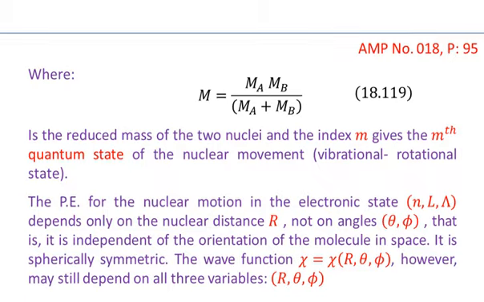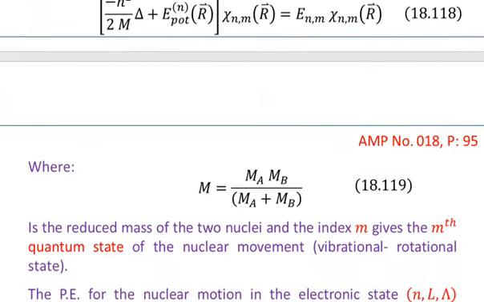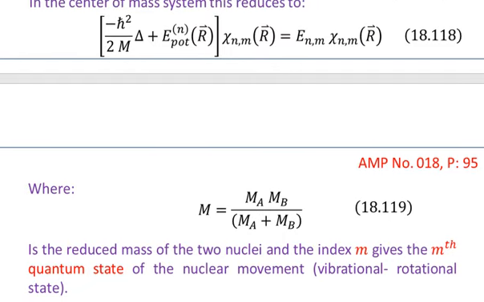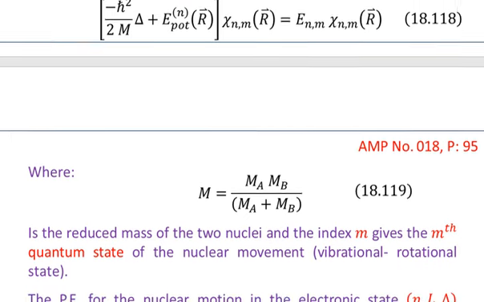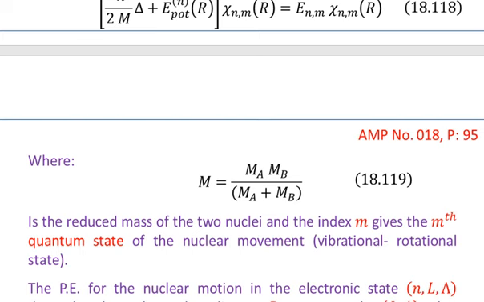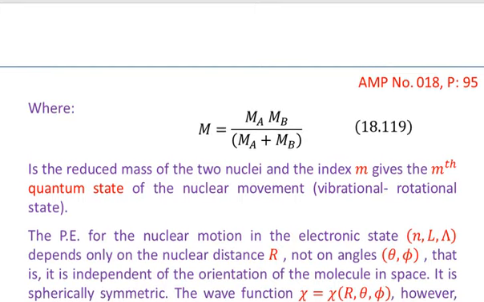You can see I have written m as a subscript with the wave function chi_n,m, and that m gives you the mth quantum state of the nuclear movement, that is the mth state of the vibrational and rotational states.